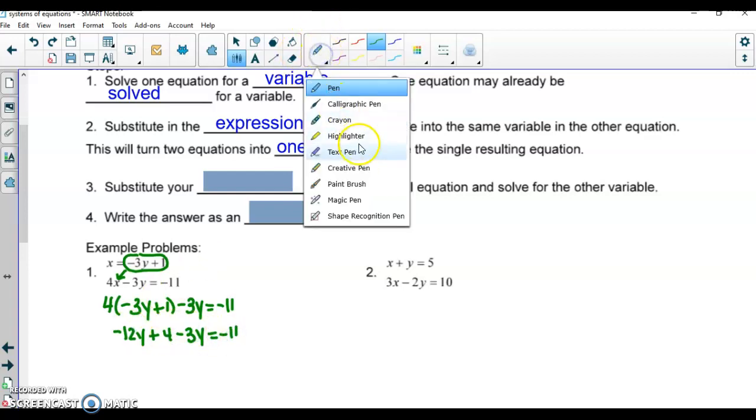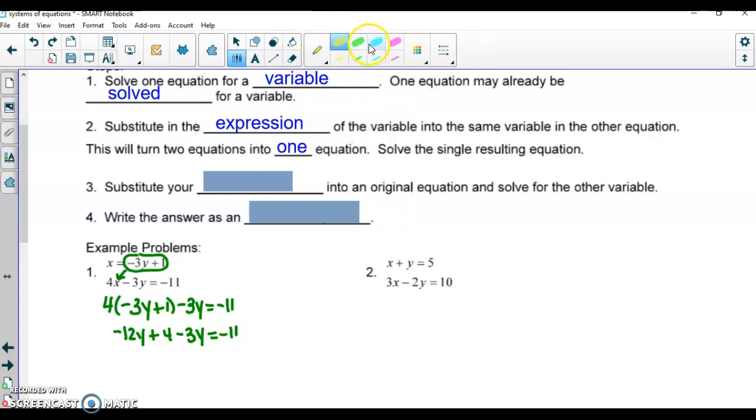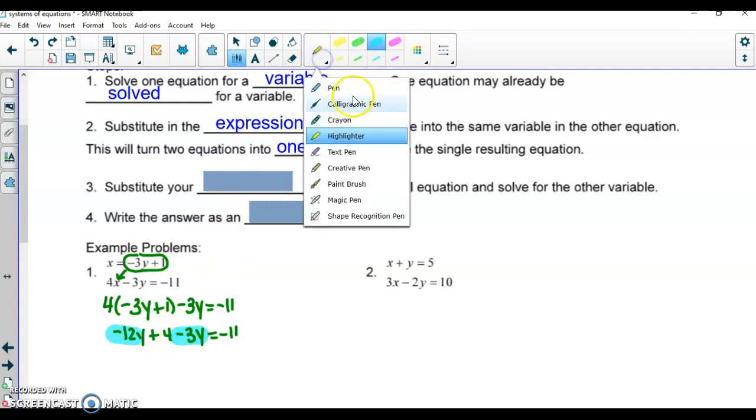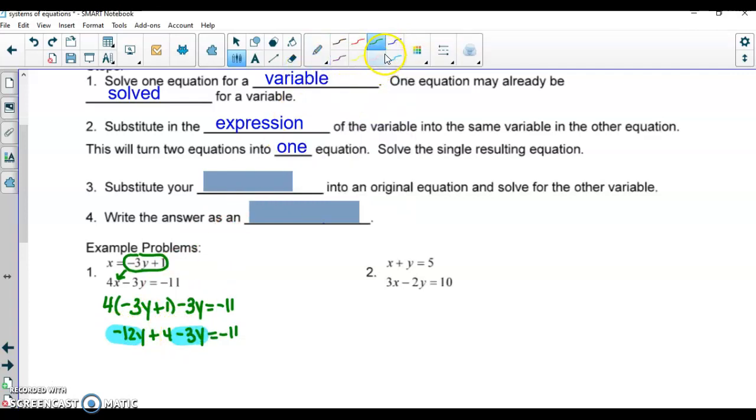Over here on the left-hand side, I have to combine my like terms. So I have a negative 12y and a negative 3y. And when I combine negative 12 and negative 3, that makes negative 15y plus 4 equals negative 11. So now the opposite of adding 4 would be to subtract 4 from both sides.